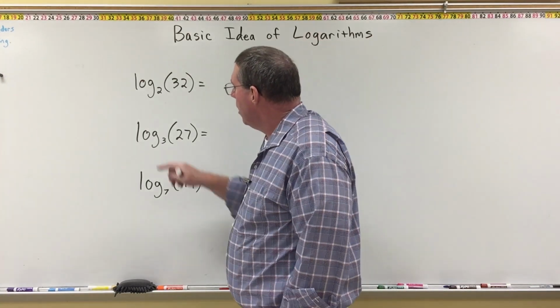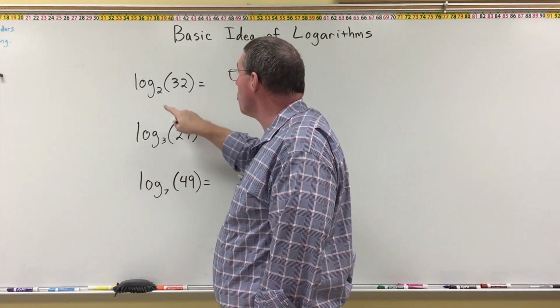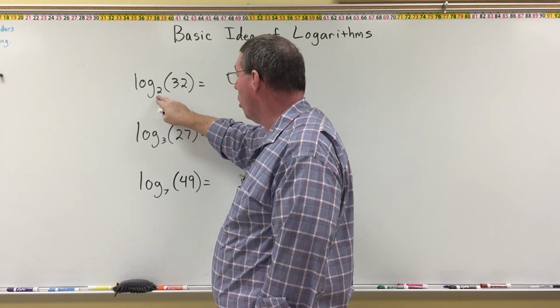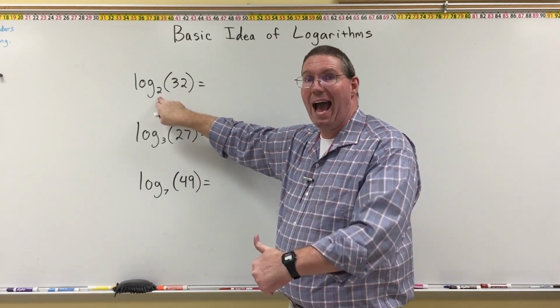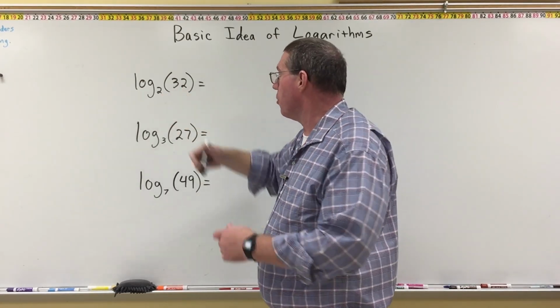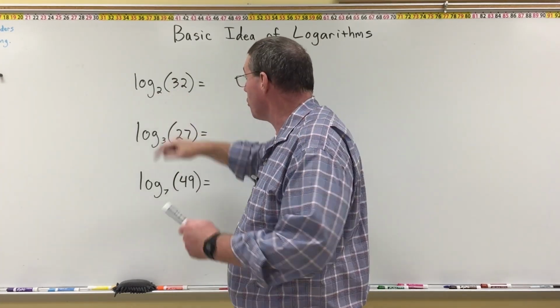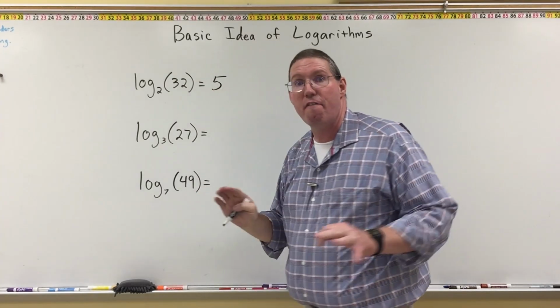So this is saying log base 2 of 32 is, so that means what exponent on 2 is equal to 32? Or 2 to what power equals 32? Well, we know that 2 to the 5th power equals 32. Therefore, the answer to this is just simply 5.